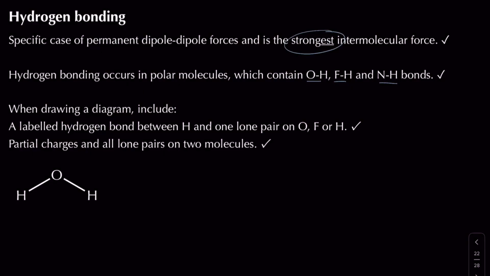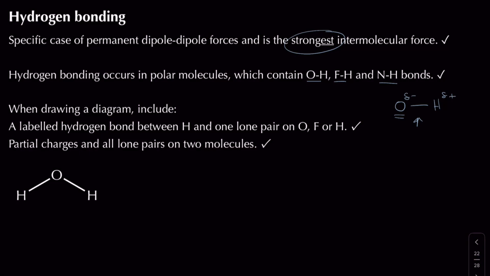If I look at an OH bond as an example, FH and NH follow the same thing. We already know oxygen is the more electronegative atom. The electrons in this covalent bond are attracted more towards the oxygen atom, and that creates a dipole where I end up with delta negative for oxygen and delta positive for hydrogen.